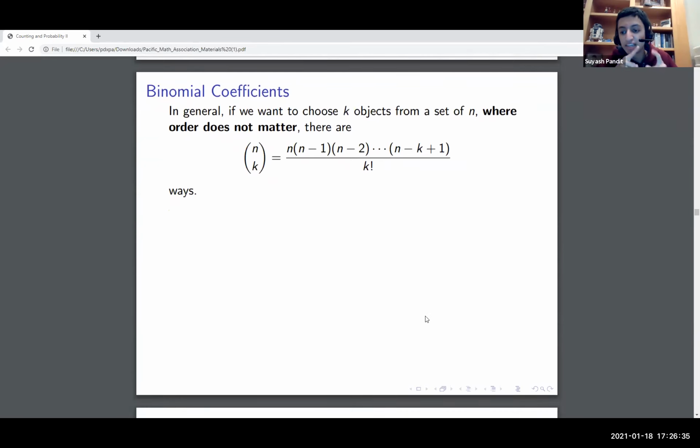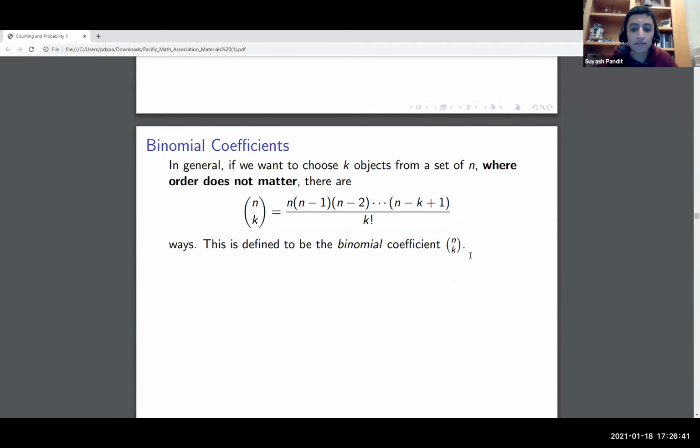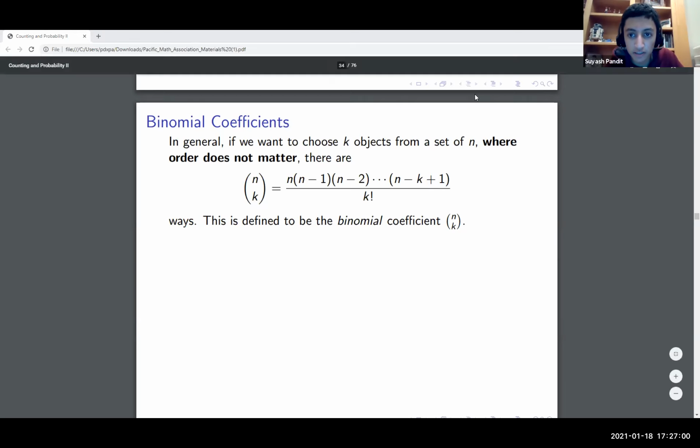Now, Alan mentioned something in the chat that there is a more elegant way to express this. Unfortunately, we didn't write it down here. But it turns out that n choose k is equal to n factorial over k factorial times n minus k factorial. Notice we only went down to n minus k plus 1, but if you went all the way down to 1, you'd get n factorial. Ram just dropped it in the chat.